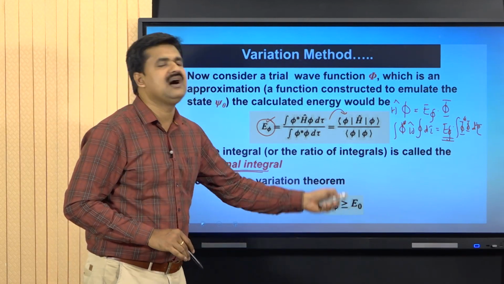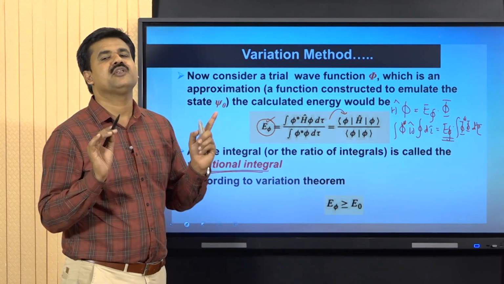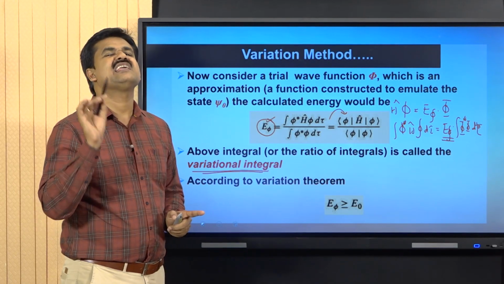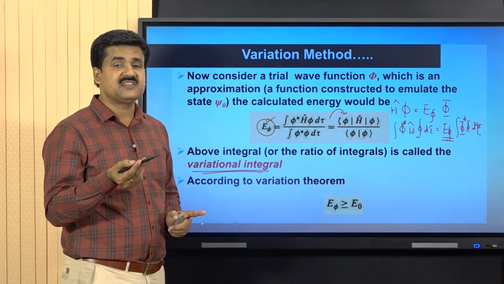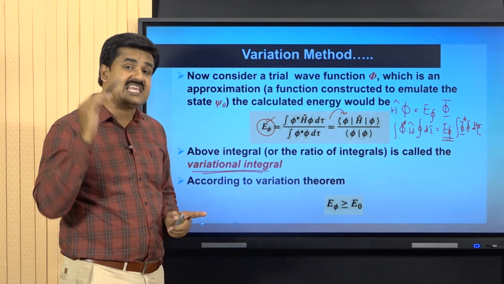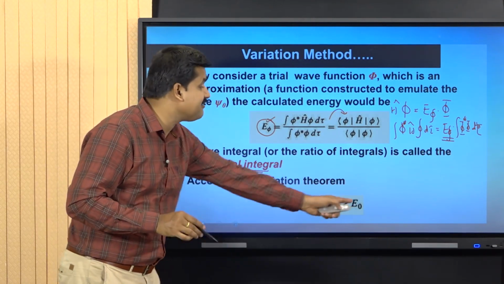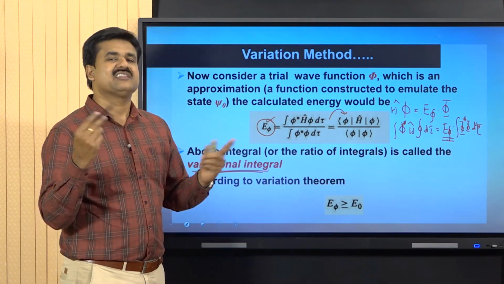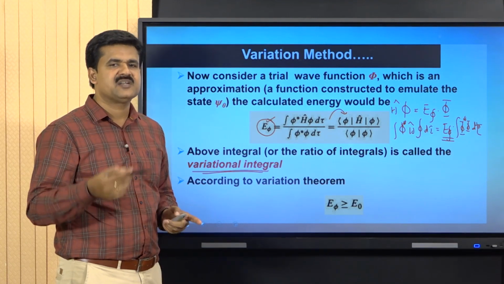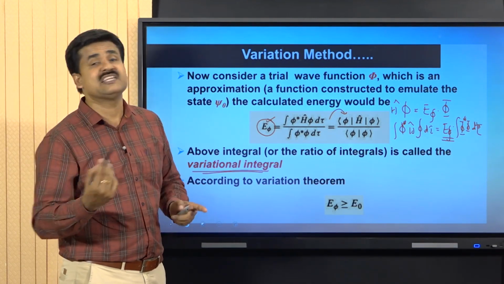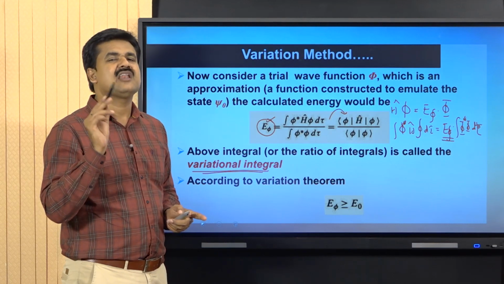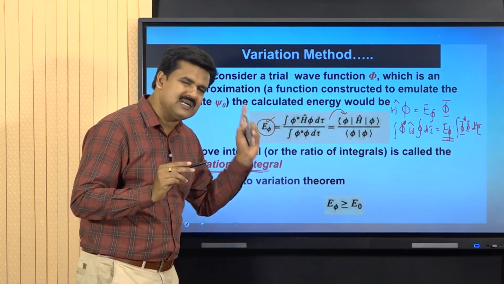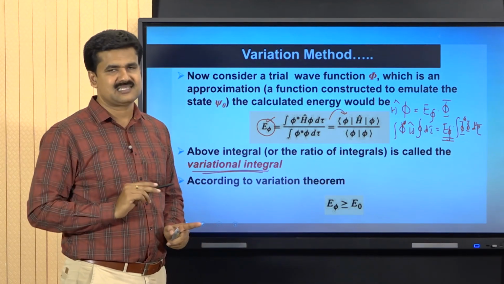This equality holds if and only if we get the real wave function. Instead of the trial wave function, if we use the real wave function, then E phi will be equal to E0. Otherwise, if you proceed with a trial wave function other than the original wave function, the calculated energy E phi must be greater than E0.